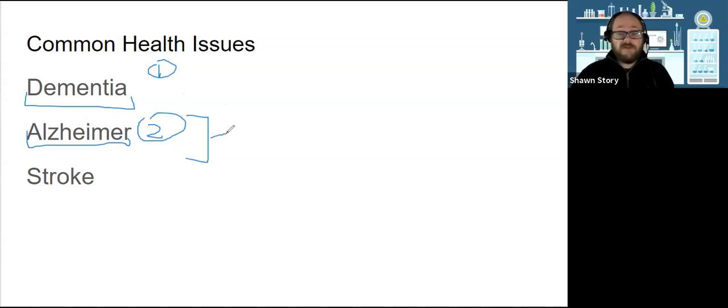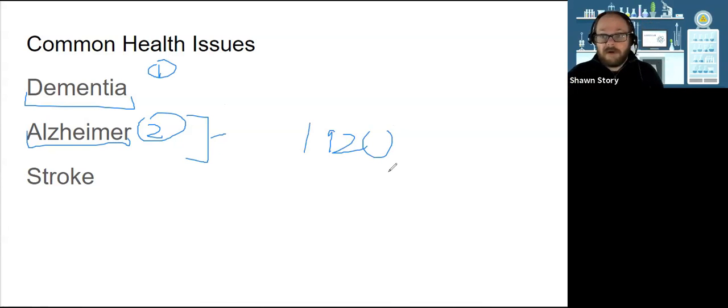So Alzheimer's is very severe, where they often don't know where they are or what year it is. They can see family members and not know who they are. Or for some reason, their brain may be in the past, like in 1920, and when they see a family member, they might think it's a younger child, or they might think it's their dad when really it's their son.